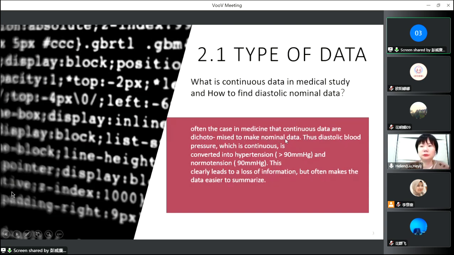Diastolic blood pressure, which is continuous, is converted into hypertension criteria, 90 millimeter mercury and normal tension. This is clearly a loss of information, but often makes the data easier to summarize.